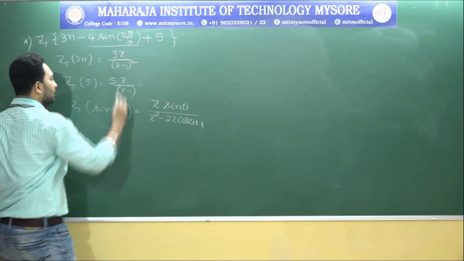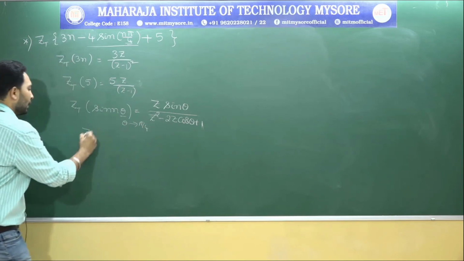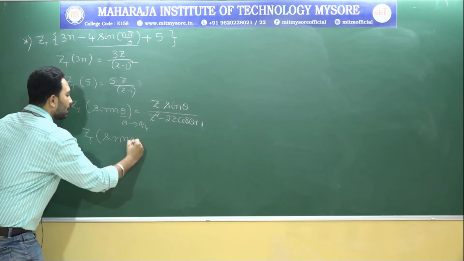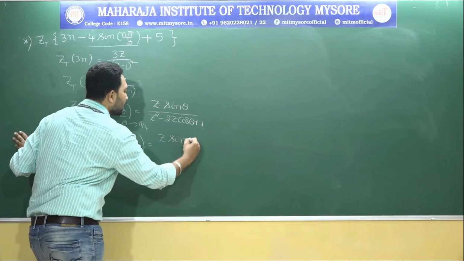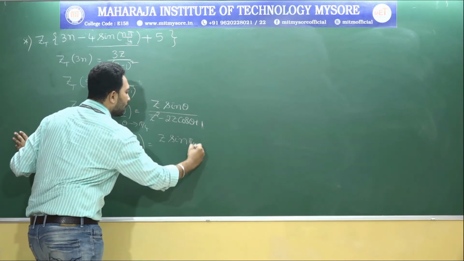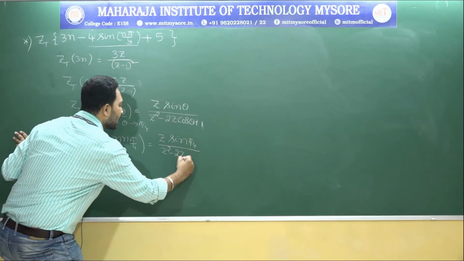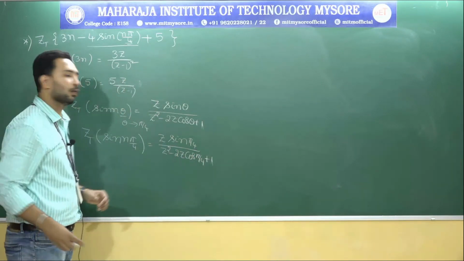Here we have n pi by 4, so replace theta by pi by 4. We will get the z transformation of sine n pi by 4, that is z into sine pi by 4, sine 45 degree, divided by z square minus 2z into cos 45 degree plus 1.